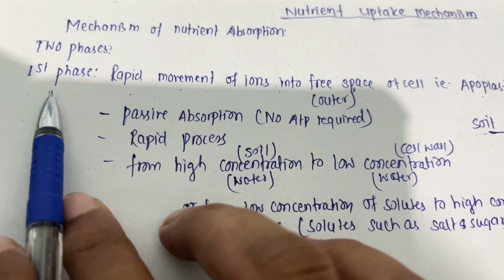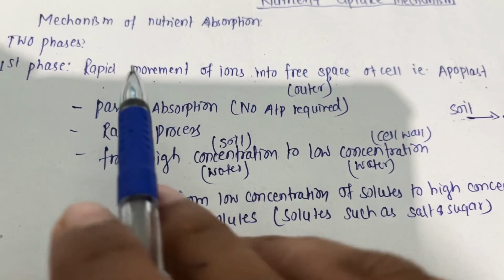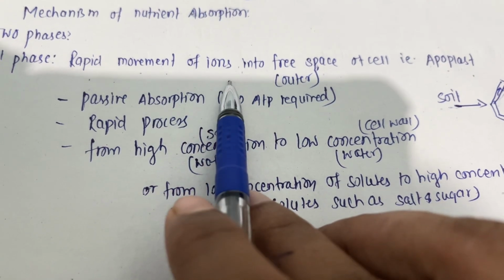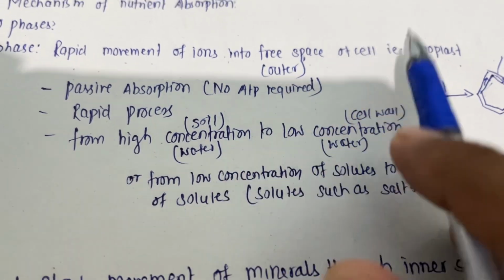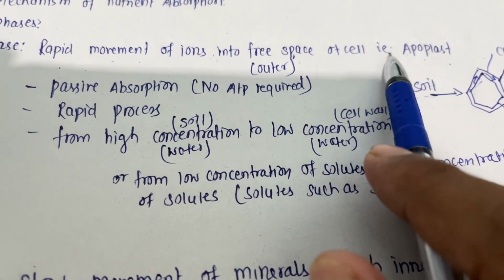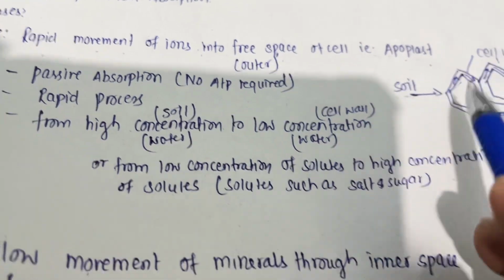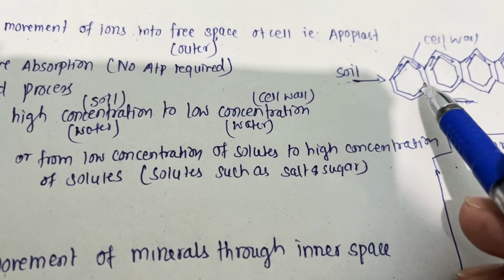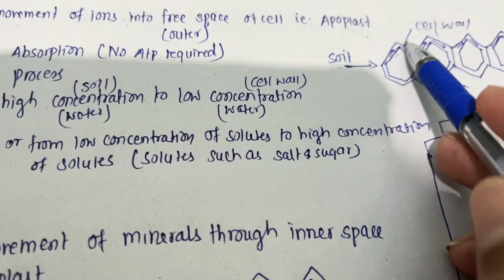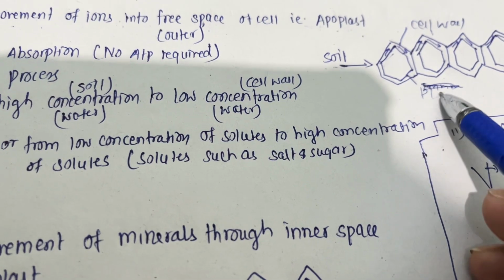So this occurs in two phases. In the first phase, there is the rapid movement of ions into the free space, that is the outer space of the cell, and this process is known as apoplast. This is the cell wall, and the inner one is the plasma membrane.